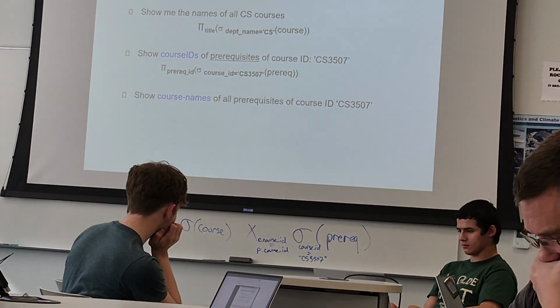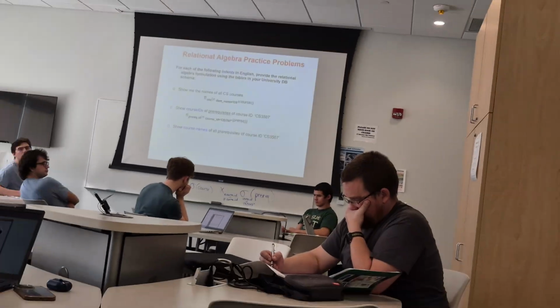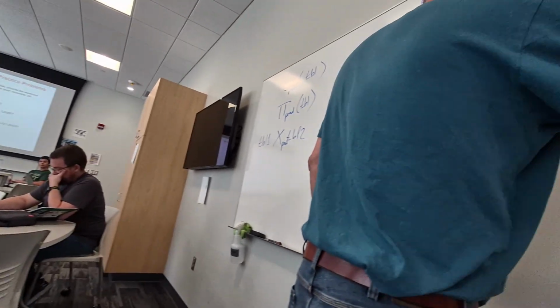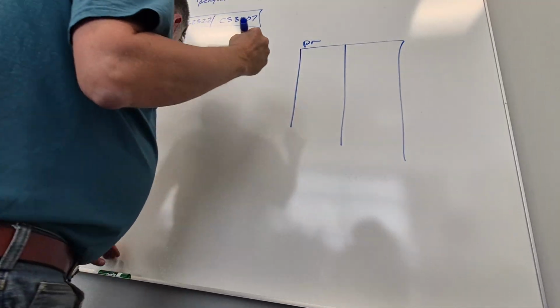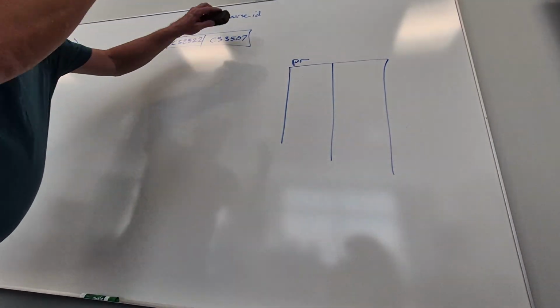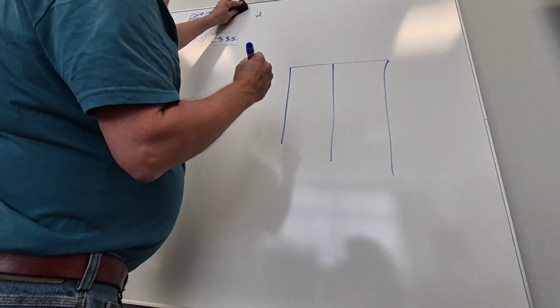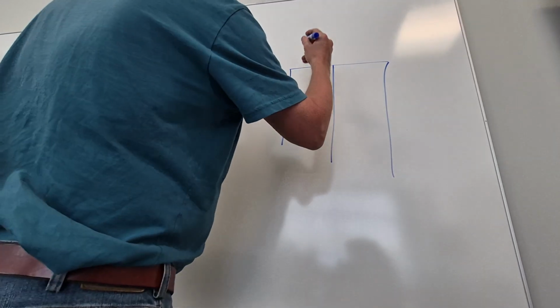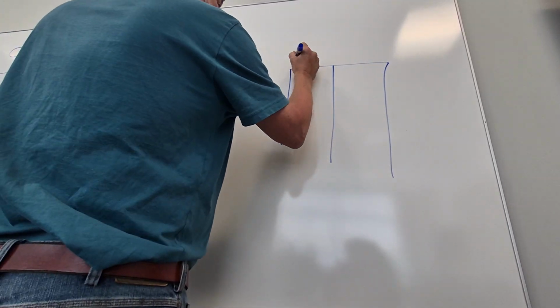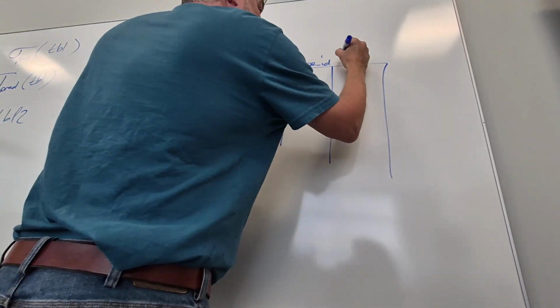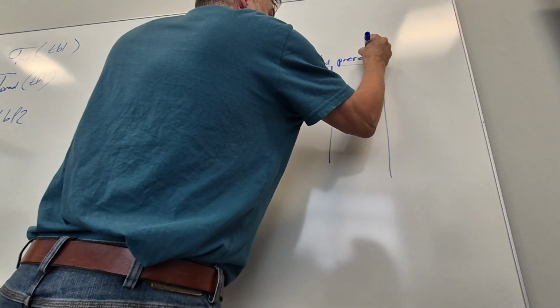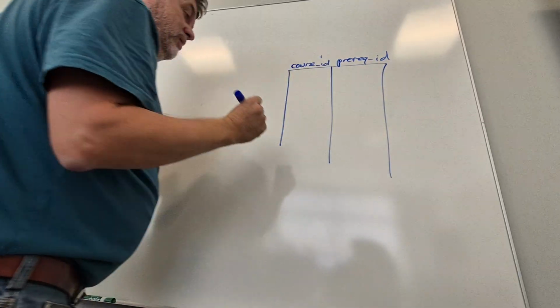So let me illustrate the structure that we're getting from this join here. We're getting the rows from the prereq table, and I'm going to write it correctly according to your document instead of this thing here, because I think I heard that course ID comes first in your design document, followed by prereq ID.